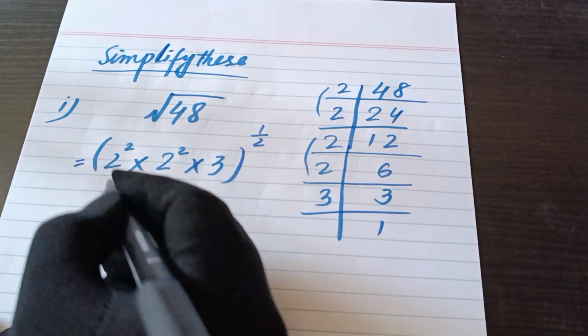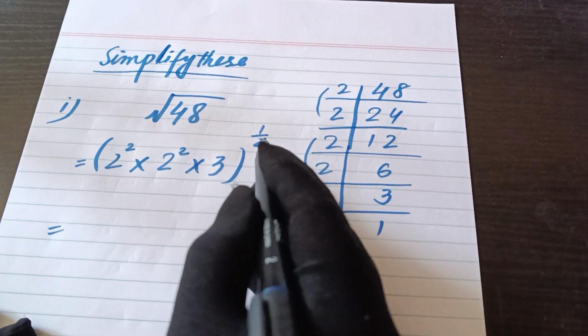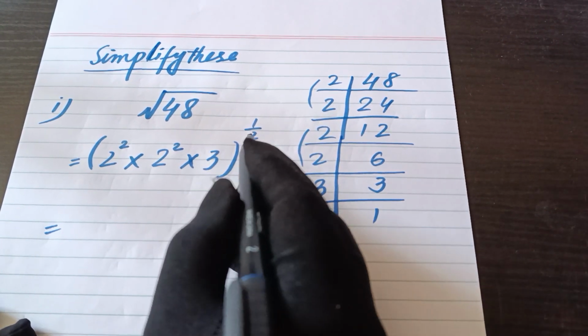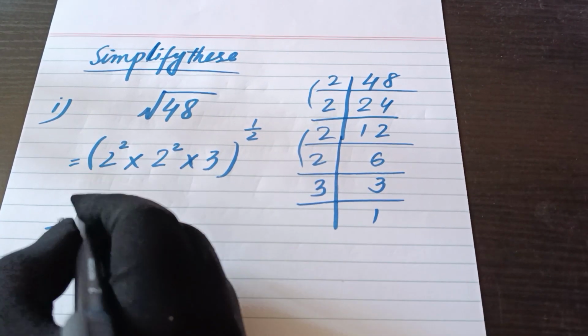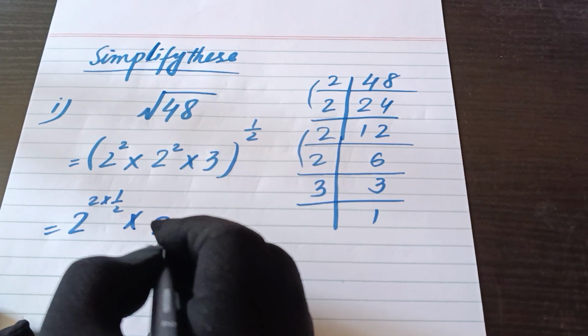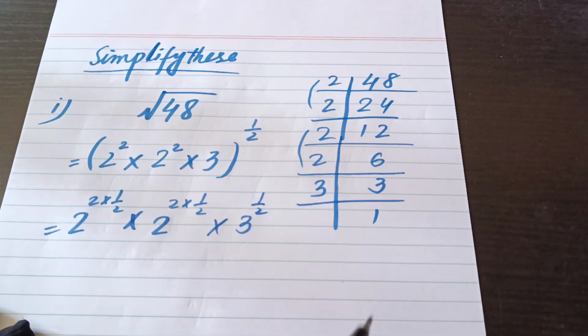Using the exponent laws, if the power is given to all numbers, when you open the bracket, this exponent will be given to all the terms inside the bracket. The first term will have this power, the second term will also have this power, and the third term will also have this power.